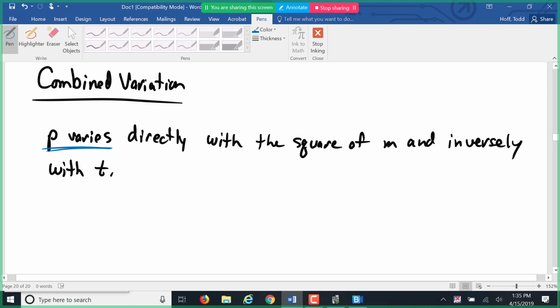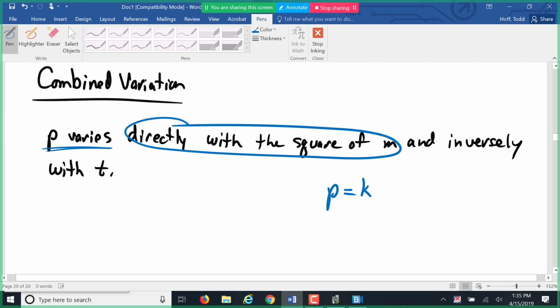Well, P varies is our first start. That's saying P equals a constant, and something's being done to that constant by our other variables. Directly with the square of M, that's saying M is multiplying K. More specifically, the square of M is multiplying K. So it's K times M squared. And inversely with T. So that constant K is being divided by T.